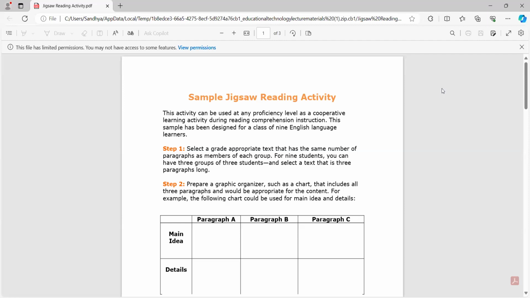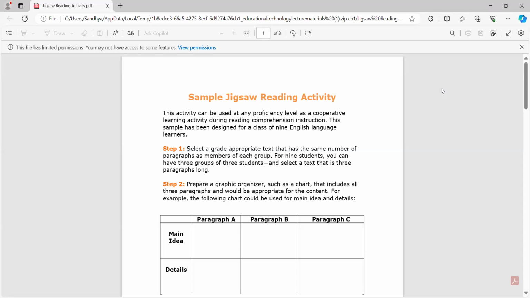In the 21st century skills, cooperation is promoted, communication is promoted. And you can easily develop their creativity also. Based on the whole text, you can ask them to do something creative also. So because of that, this jigsaw method is very effective in a student-centered classroom.